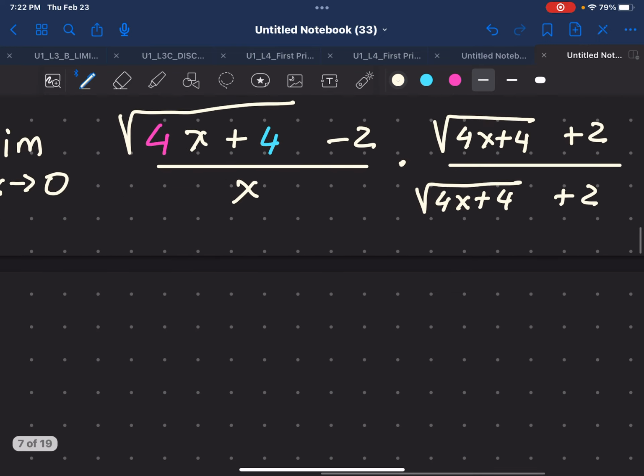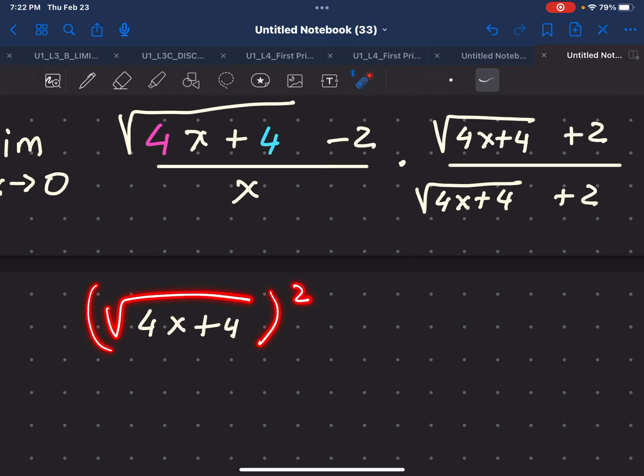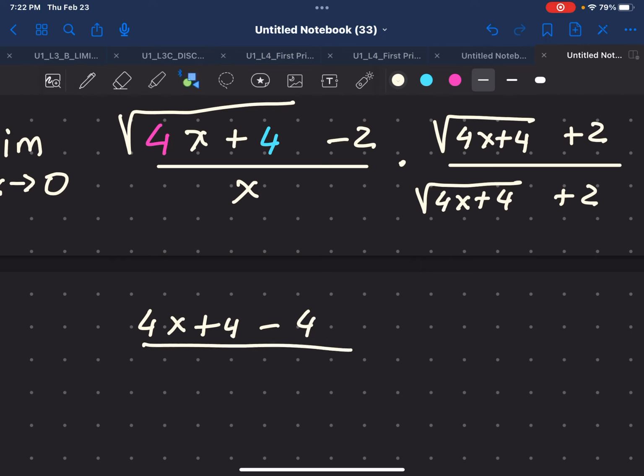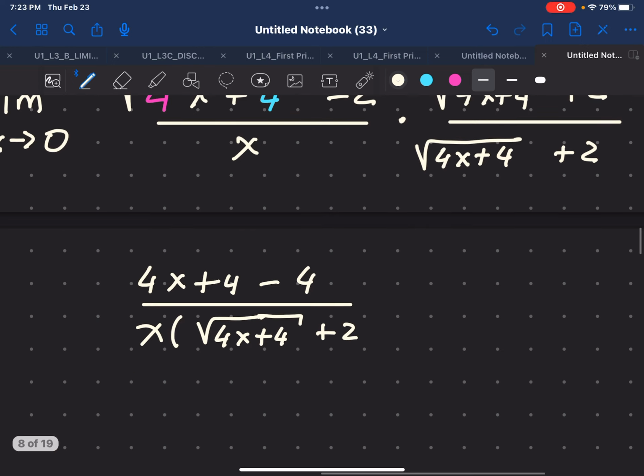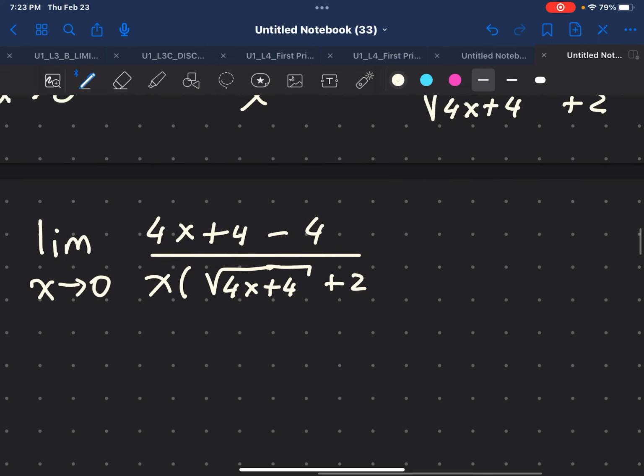So that will make 4x plus 4. Remember the square root squared. So that will give just 4x plus 4. And then minus 4. And this down here will become an x times the square root of 4x plus 4 and then plus 2. Remember that we are finding the limit of this function as x approaches 0.